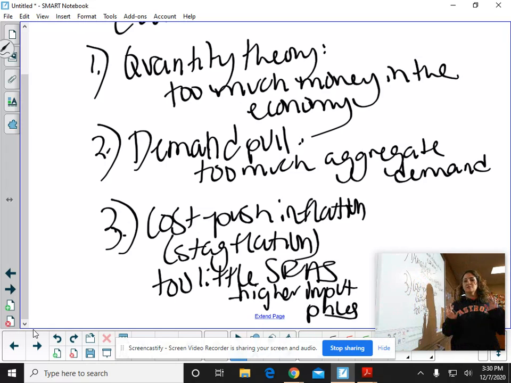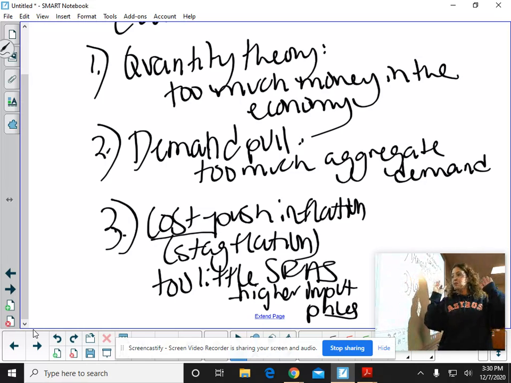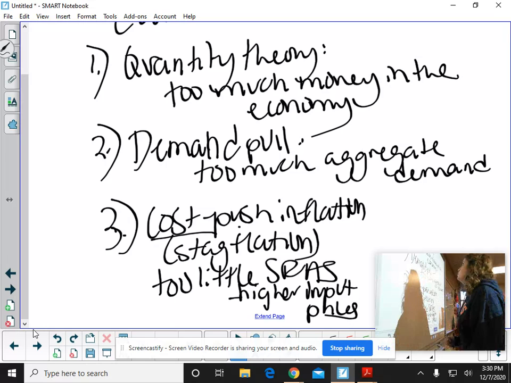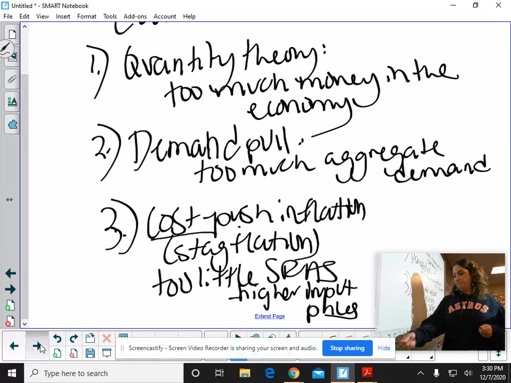Higher input prices, that's why it's called cost push. It costs more to produce with higher input prices. And so those higher input prices push up the cost and makes higher prices for everything. So those are the 3 causes. These are not the definitions of inflation. These are the causes of inflation: quantity theory, demand pull, and cost push inflation.